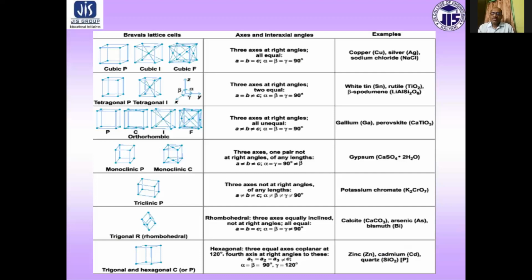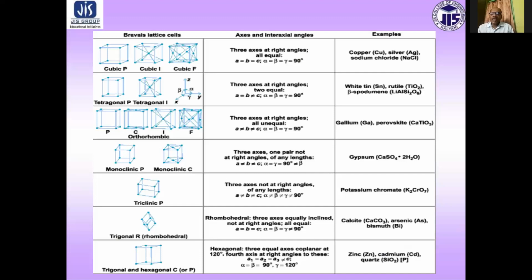The axial lengths, that is A not equal to B not equal to C, but their included angles are all 90 degrees. So in an orthorhombic simple type, the corner atoms are there.